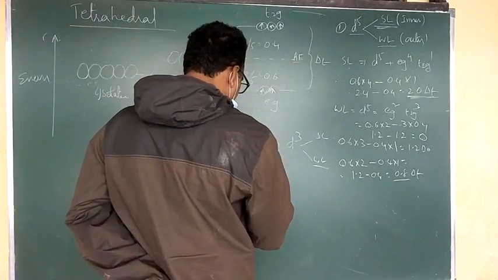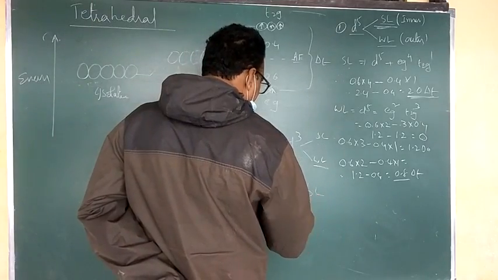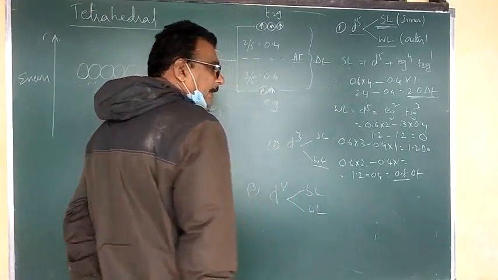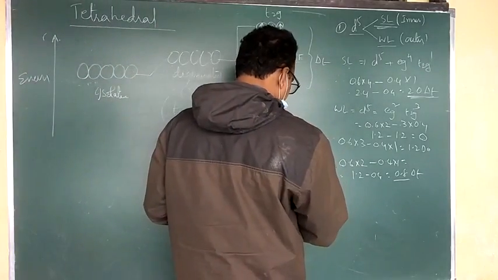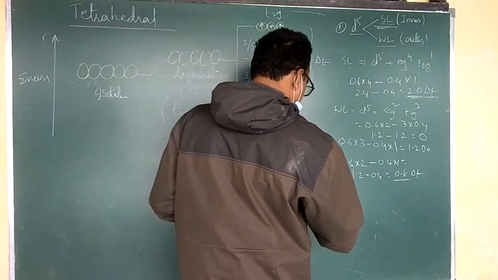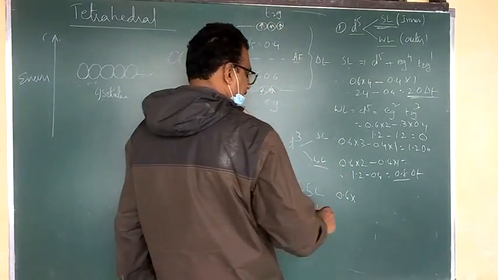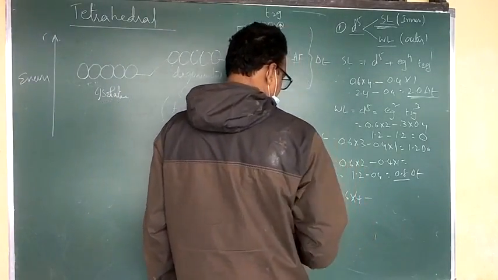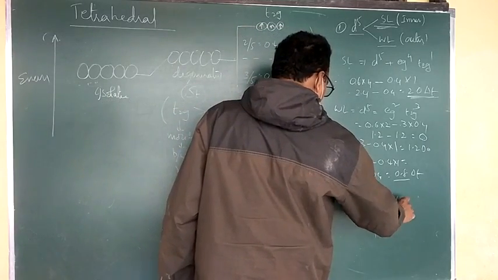Now the third example, a d8 system for a strong ligand; the second one is the weak ligand. Now you can observe. For a strong ligand, pairing takes place. That's why 0.6, here totally 4 electrons are pairing, minus the remaining electrons, 0.4 into 4 electrons.